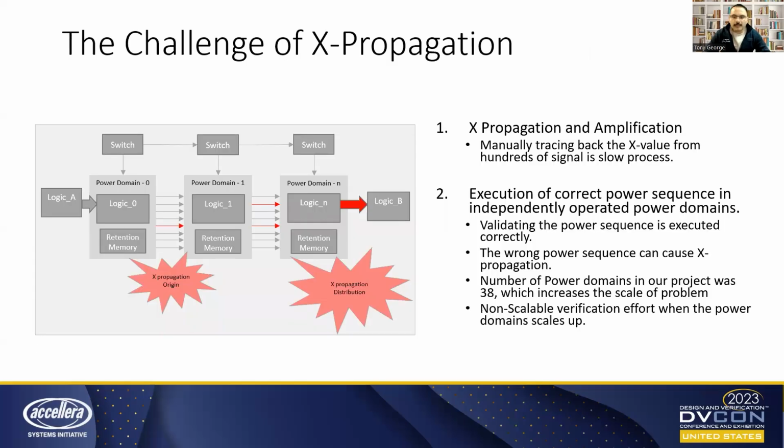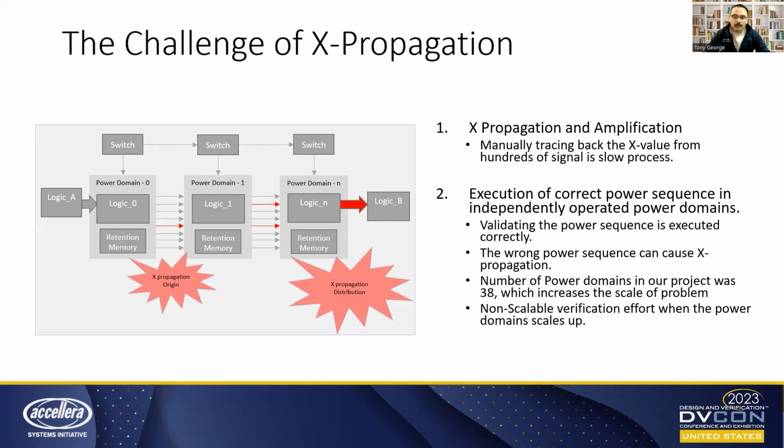Now, if we have a single X value occur, it can propagate and get distributed to thousands of signals within a few clock cycles. We also need to note that not all X values are unexpected. Some of them are valid because there can be valid X signals during the power down phase. Now, we have a mix of valid and invalid X values.